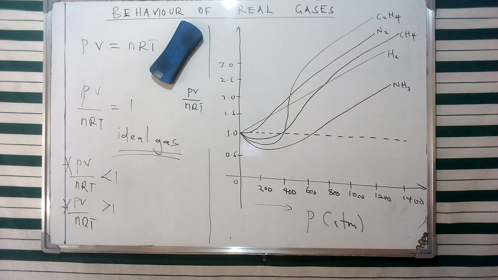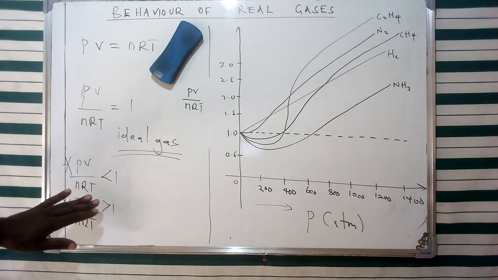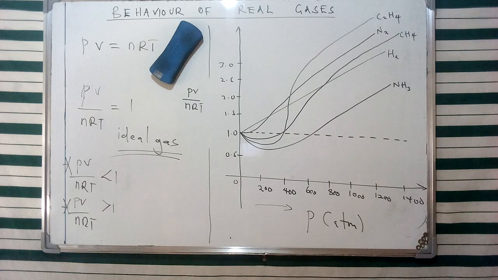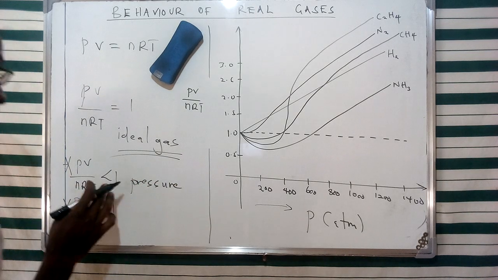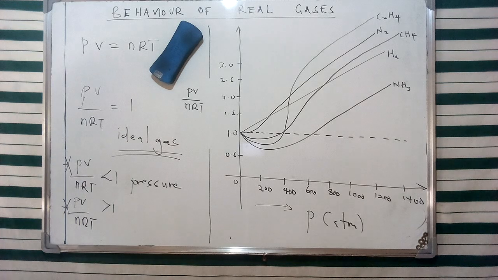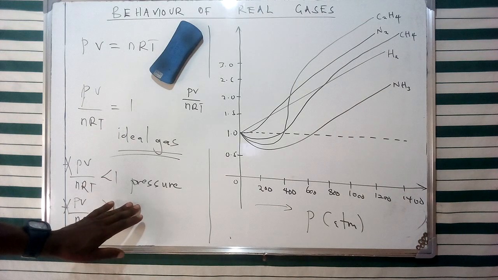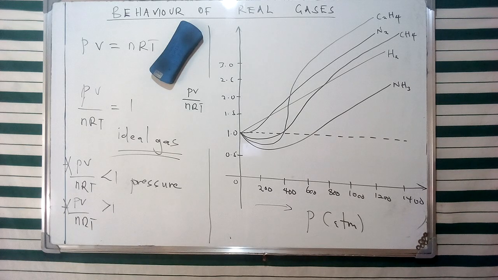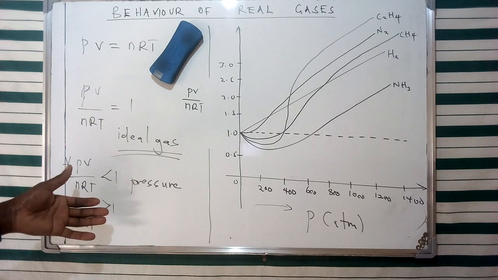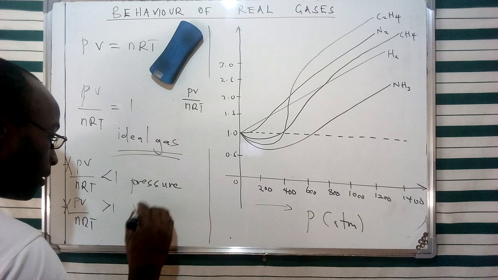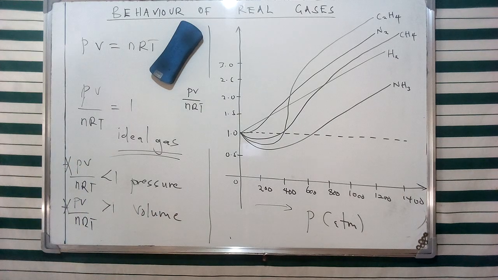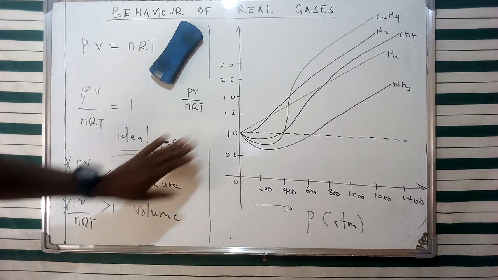So in this case, for the first case, for a compressibility factor smaller than 1, the pressure of the real gas is smaller than the pressure that is calculated by means of an ideal gas equation. Now, for the second case, we have said that the volume of the real gas is larger than the volume that is calculated from the ideal gas equation. And this, of course, is going to be some of the relationship that we're going to achieve from this.